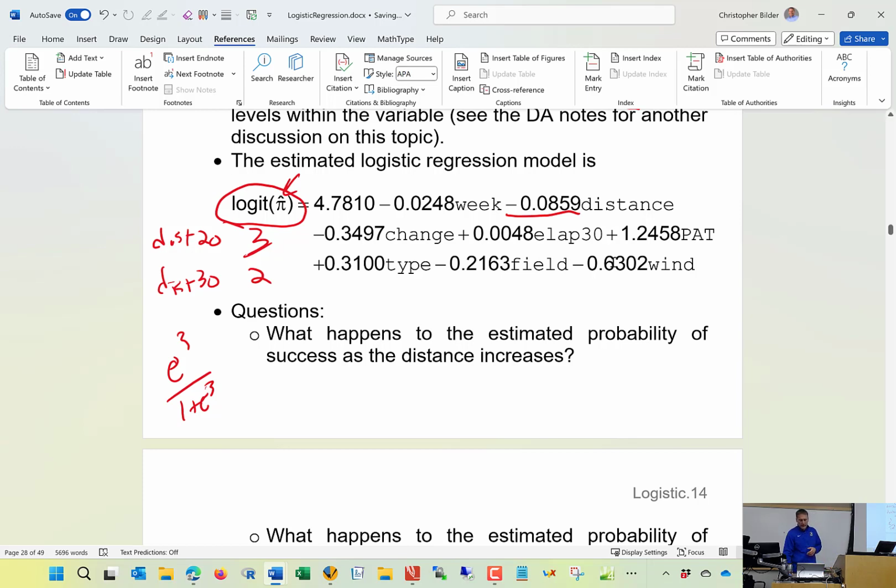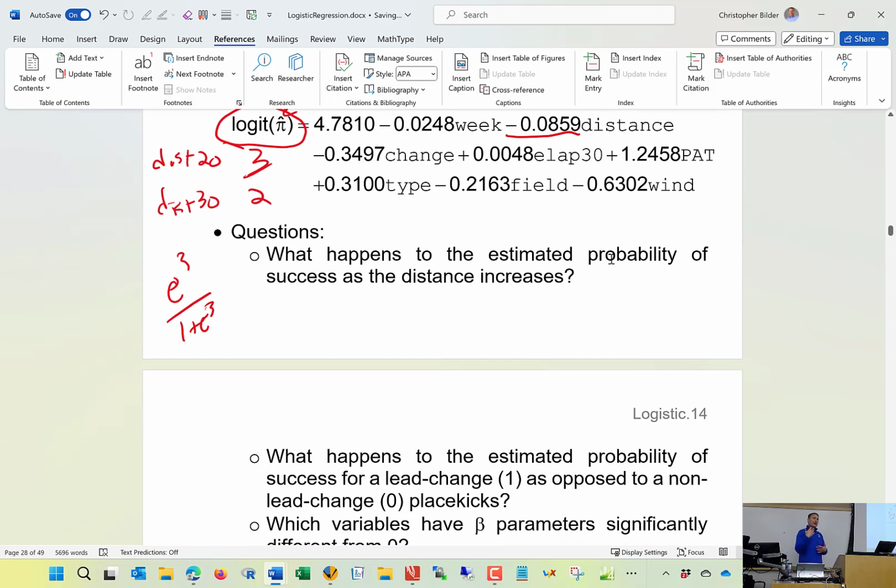Okay. So what happens to the estimate? And notice how this is intuitive as well. If you're a football fan, as the place kick gets longer and longer, the chances of making the place kick should go down. What happens to the estimated probability of success for lead change as opposed to non-lead change place kicks? Again, we take a look at that. So we have a negative there.